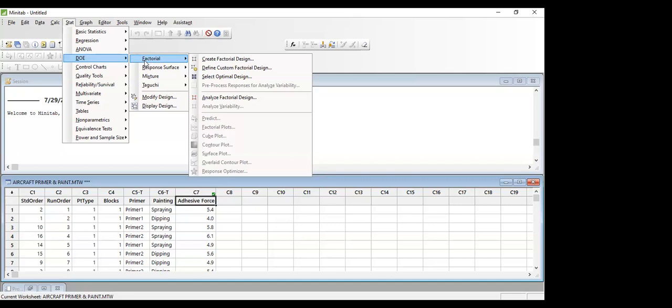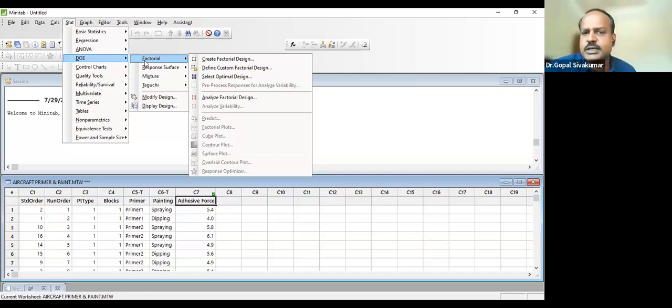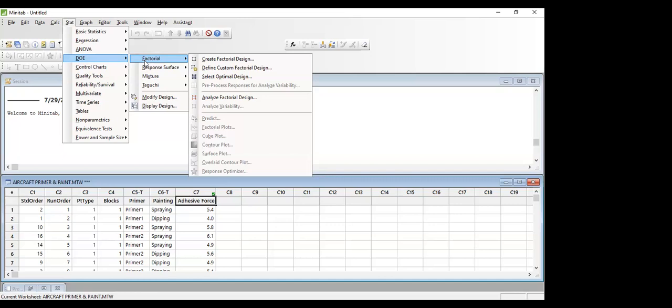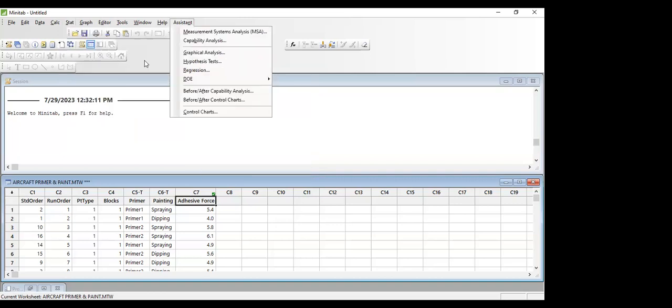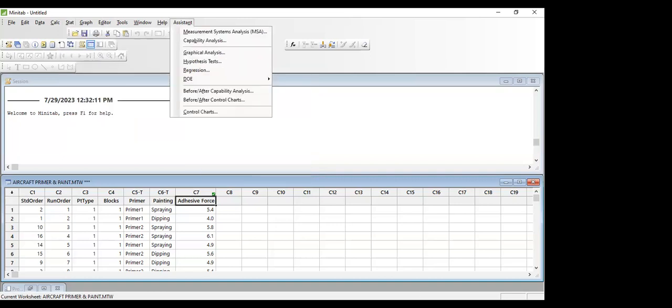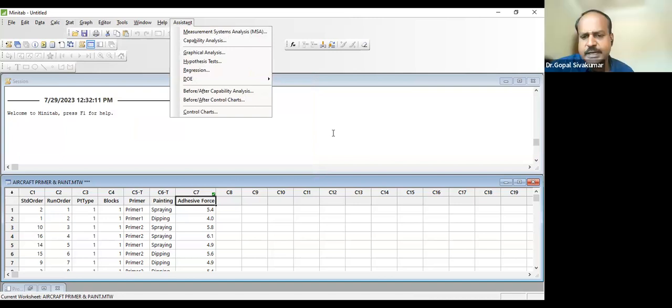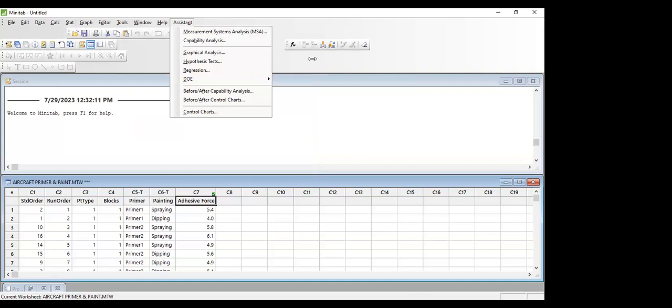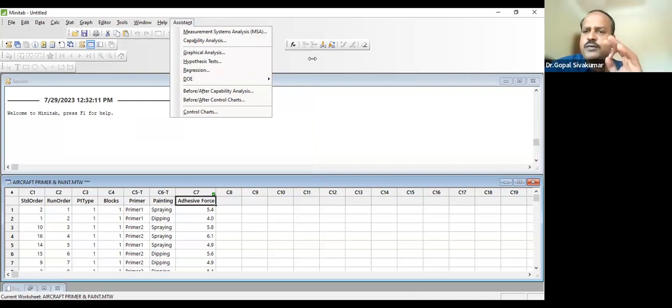All 6 combinations we included in our experiment. So our DOE is known as full factorial DOE, meaning all possible combinations are experimented. If you do only part of it, then it is known as partial factorial. But what we are currently discussing is full factorial DOE. Is that clear to all of you?